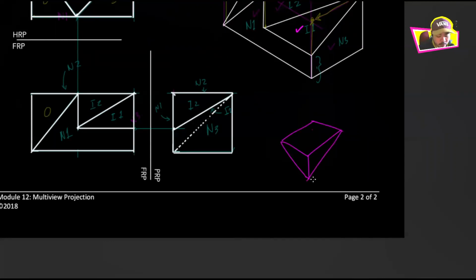Para ganyan. Because this point is not stable, no? Tama? It's resting on this point. So if it were a real object, magto-topple over to. Okay? So yun yung isa sa mga limitations.